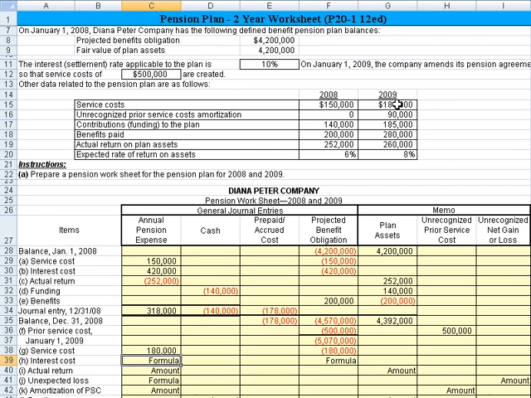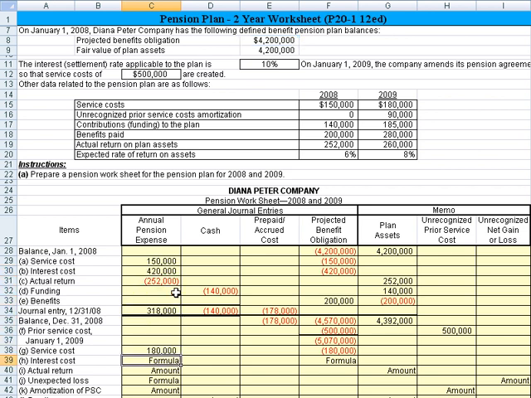Now this gets a little bit complicated. The interest cost was pretty straightforward in the first year, right? It was simply the amount of the projected obligation times the 10%. And by the way, the projected benefits obligation and the fair value of the plan assets were the same.